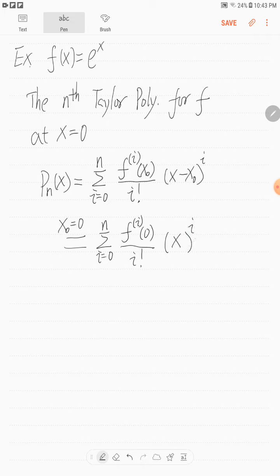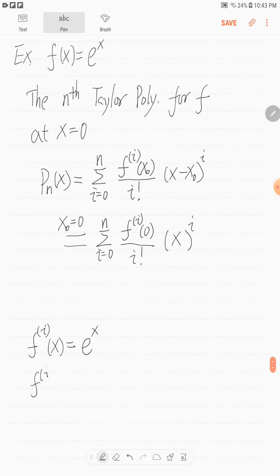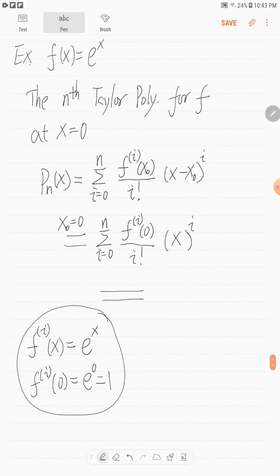i power. And we notice that if we take the i-th derivative of this function f, because it's e to the x, it's always e to the x, right? Then f, the i-th derivative at 0, is equal to e to the 0, which is equal to 1. So using this fact, we have the summation i from 0 to n of 1 over i factorial times x to the i.